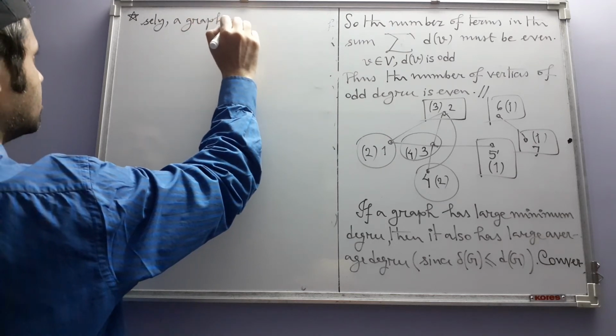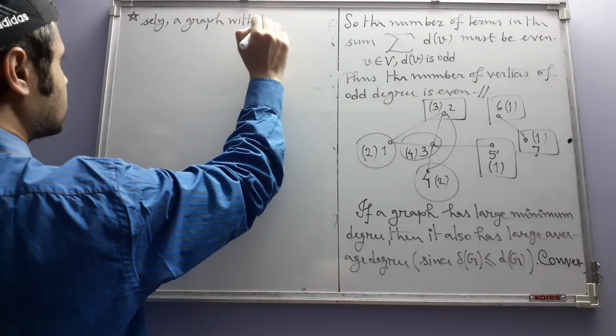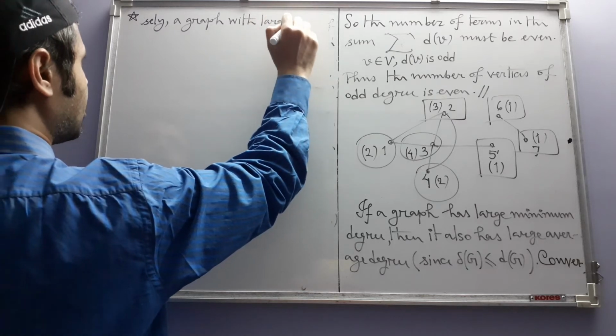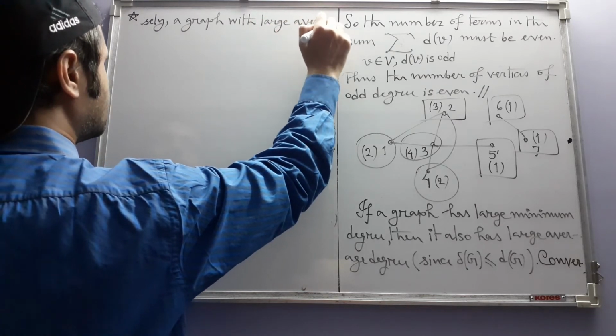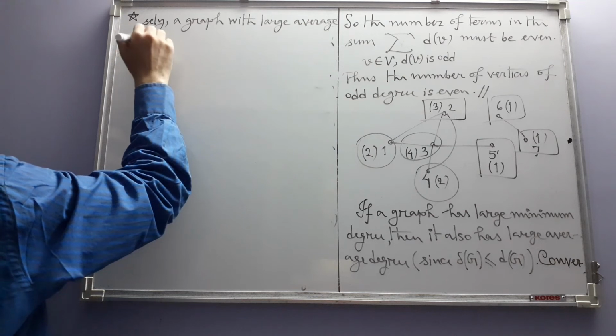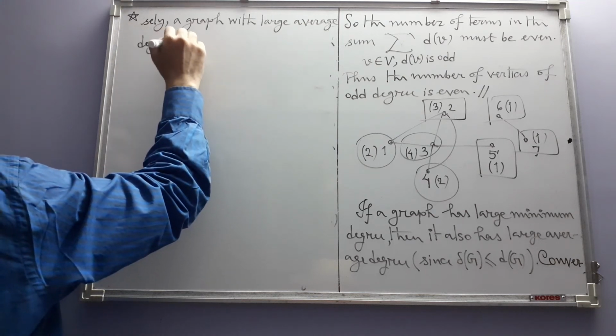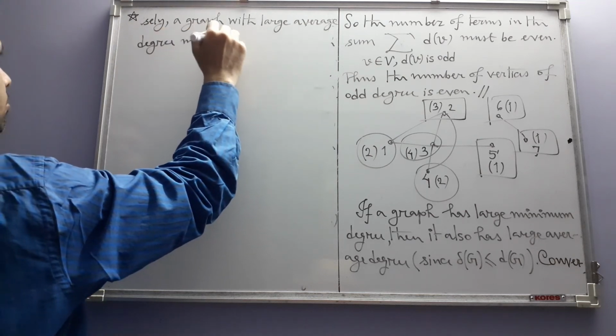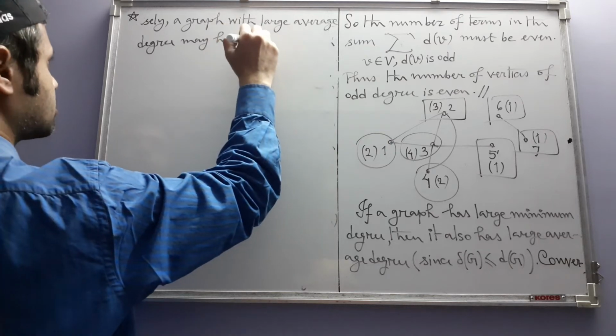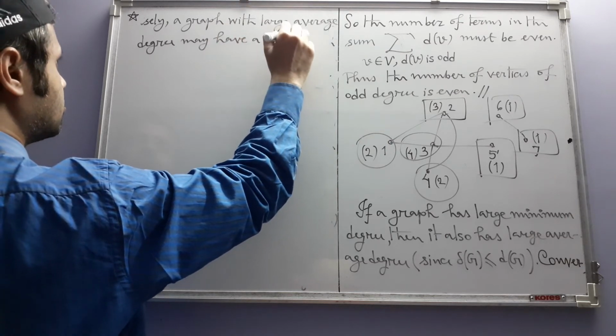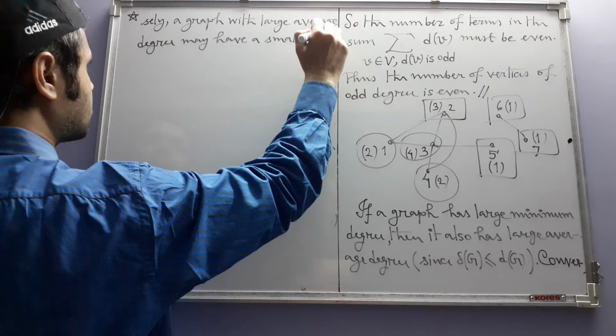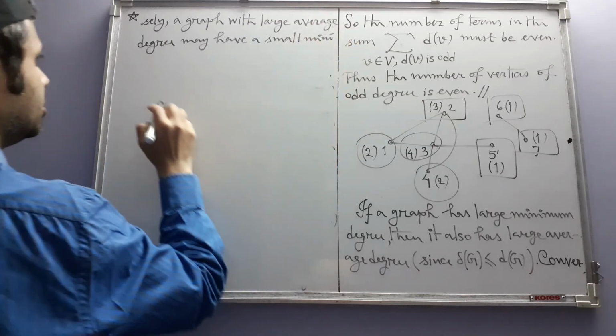a graph with large average degree may have a small minimum degree.